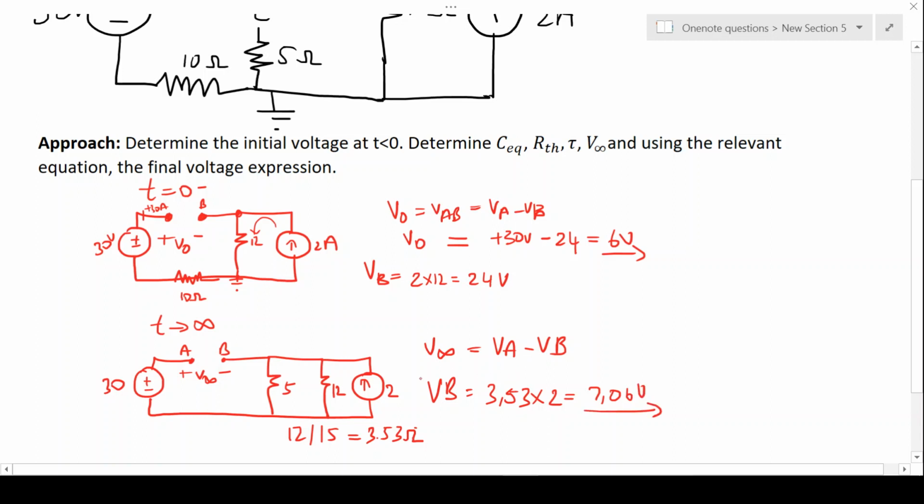Right, and VA again is going to give us a value of, with this 10 ohm resistor here, it's still going to give us a value of positive 30. So VA is equal to positive 30 volts, such that V infinity will be 30 minus 7,06.